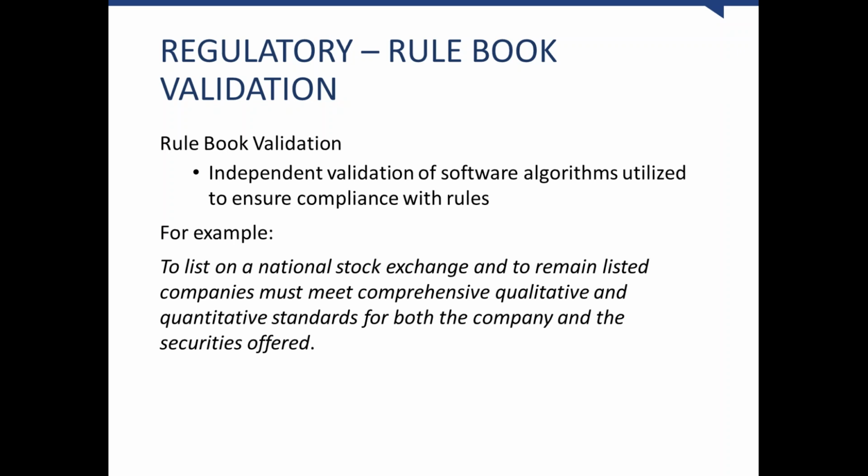Again, you can't do everything, but it's a great way to quickly do 100% sampling of all the listed companies in a given year, for example, and really see if our listings team was doing the right thing. And we did find some rule interpretation issues that I was able to highlight as a potential control issue, and as a result, the listing teams did make some changes to the rulebook. So that shows the value of internal audit.